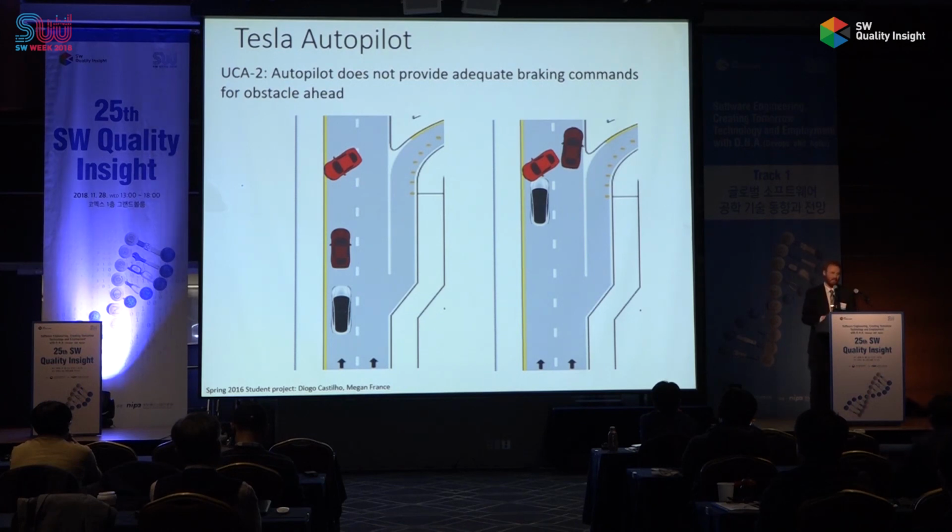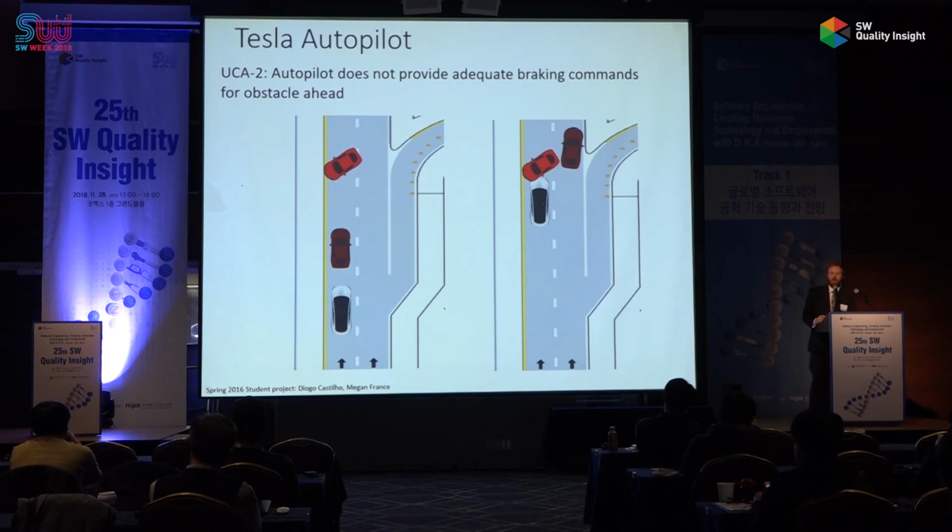There's a delay. So this car may move out of the way at the last minute. This could happen, and the software does not have enough time to stop, causing a crash, causing this UCA. Exactly. This could definitely happen.